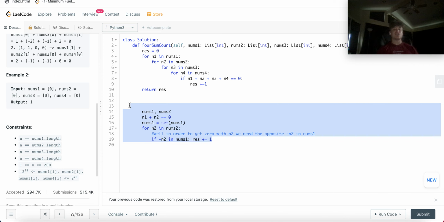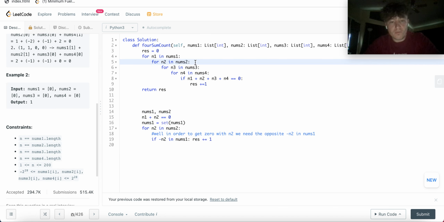Can we then use this to get our solution down considerably from n to the fourth to something that will pass the autograder? Well, I guess what we could do, just thinking about it here, is, we're trying to figure out if n1 plus n2 equals n3 plus n4, right?